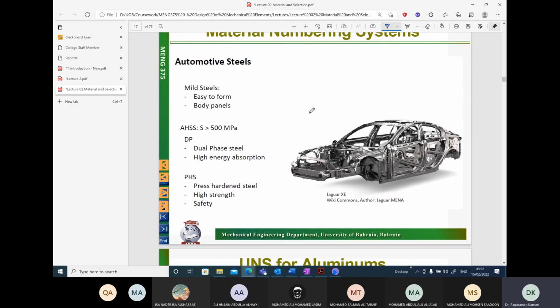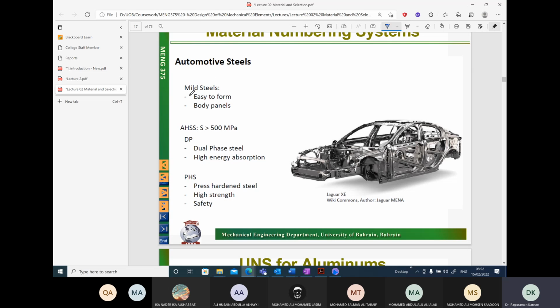Now here we are going to see an example where we increase the strength of steel several fold by doing a combination of thermomechanical treatments and alloying. If you take simple plain carbon steel or the mild steels, they are very easy to form into different shapes.